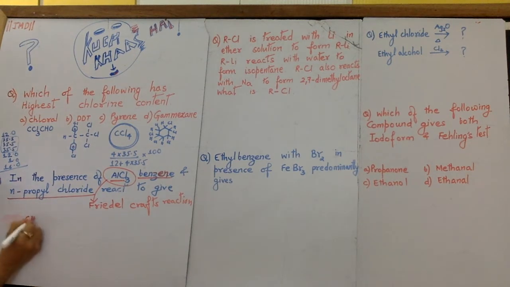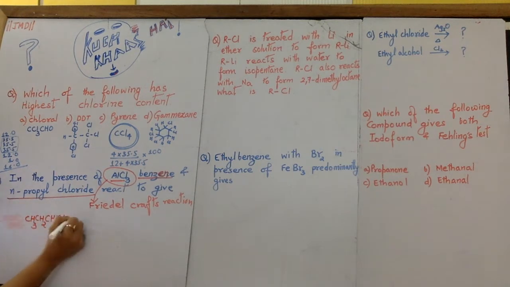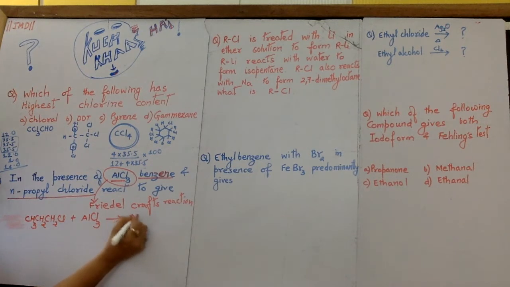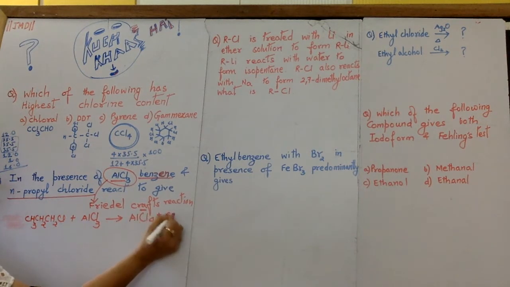When I take n-propyl chloride, it combines with AlCl3 to give AlCl4 minus plus CH3CH2CH2 plus.